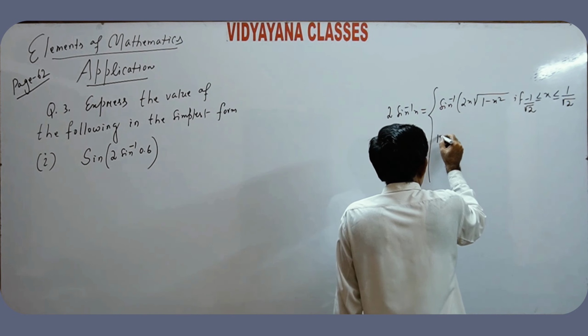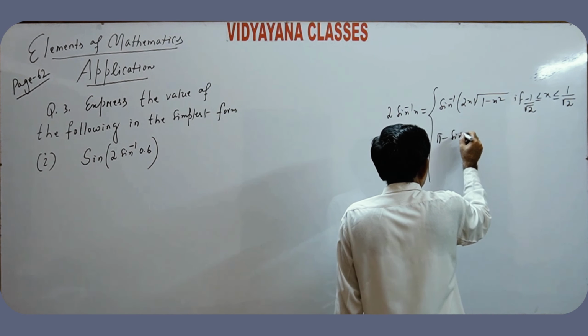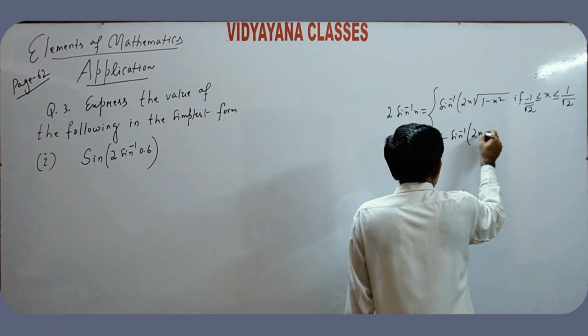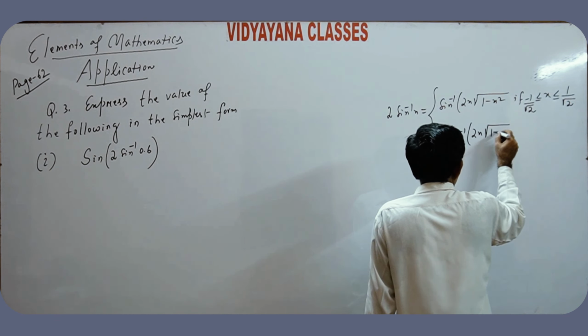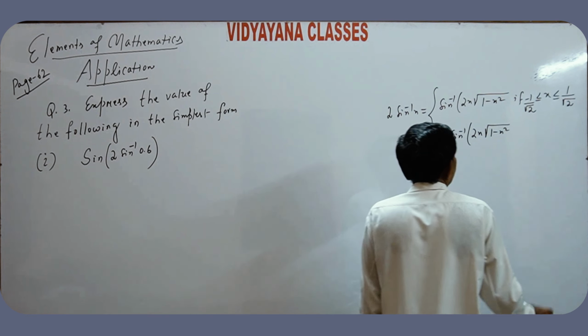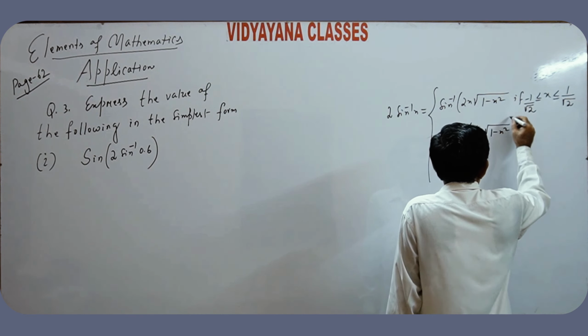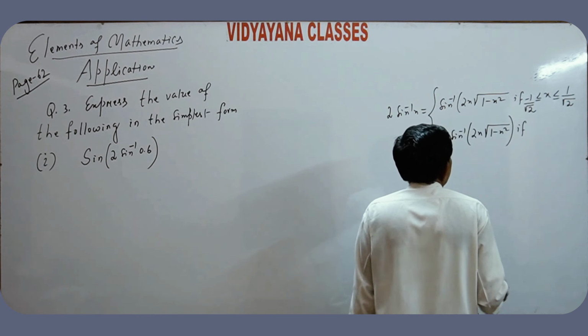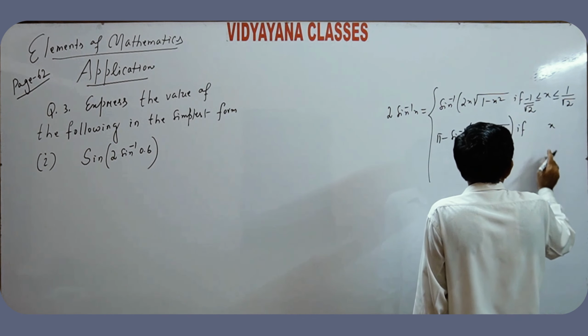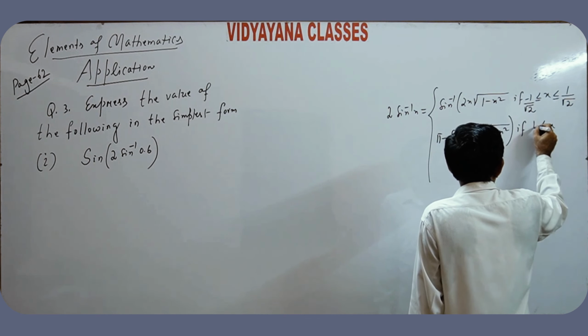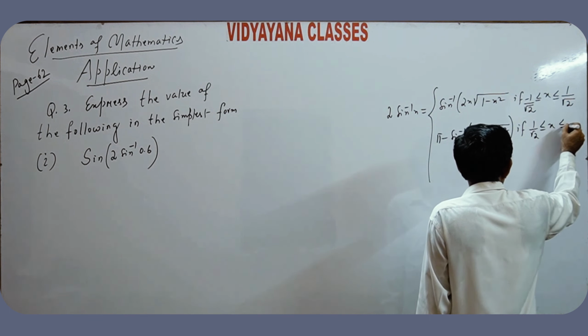Pi minus sine inverse of 2x into root over of 1 minus x square, if x is greater than or equal to 1 by root 2 and less than or equal to 1.